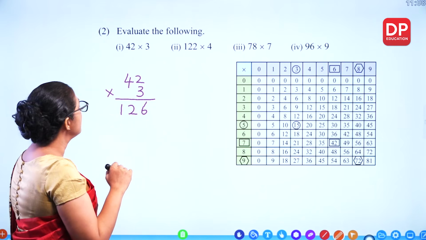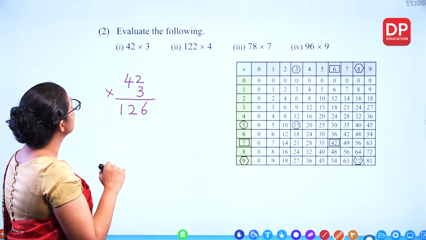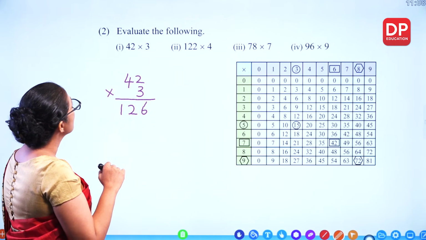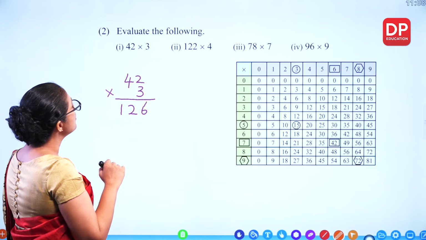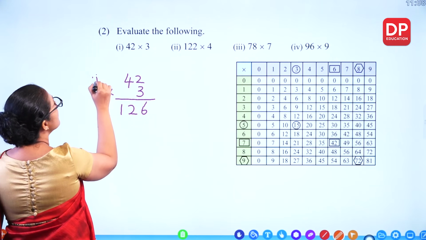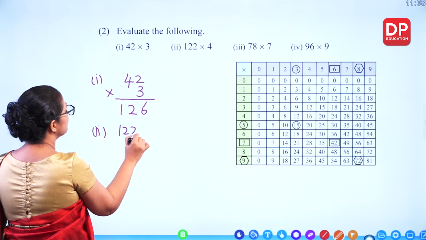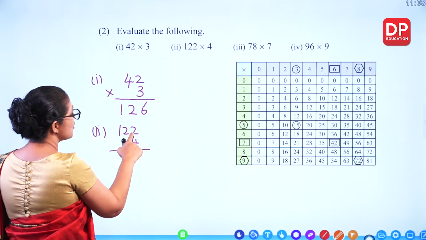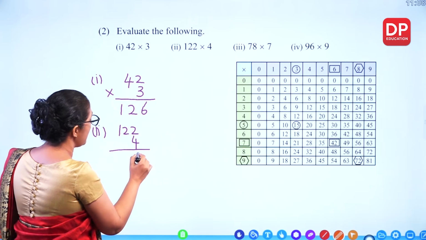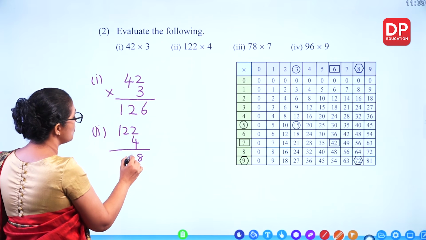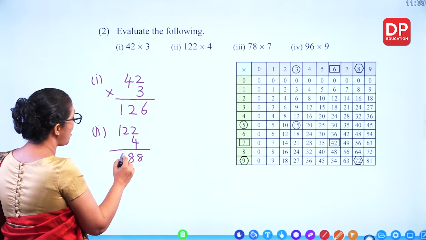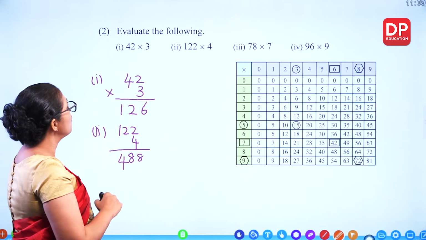So 126. This one 122 times 4. 4 times 2, that's 8. 4 times 2 again 8. 4 times 1, 4.